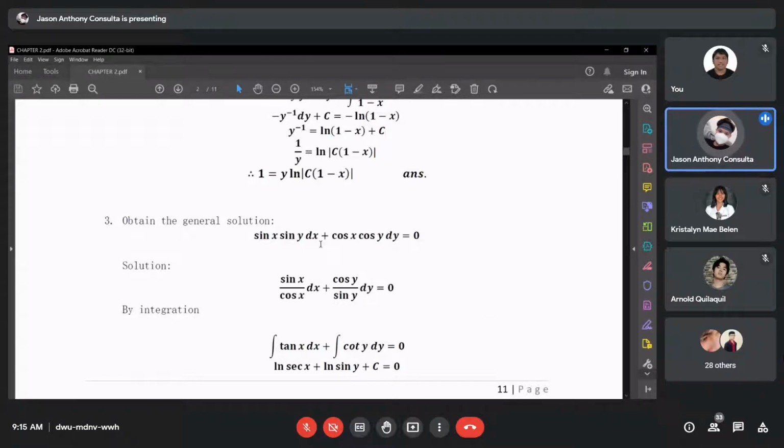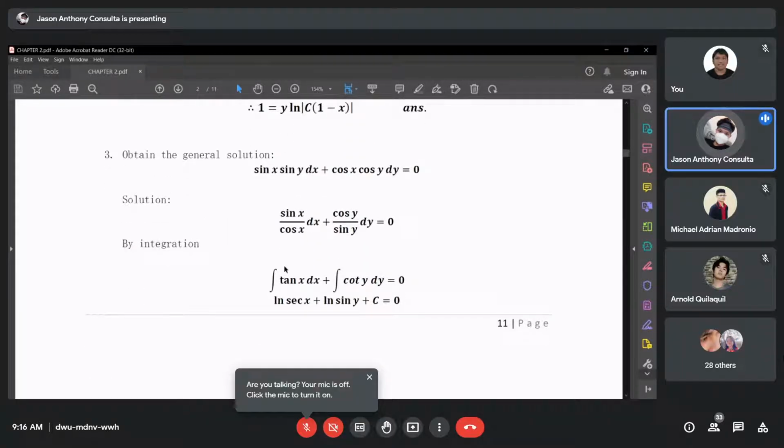So in this case, sine x sine y dx plus cosine x cosine y dy, you see it's very basic. When you put the dx terms together and the dy terms together, you'll find sine x over cosine x dx plus cosine y over sine y dy, which are tangent and cotangent respectively. Tangent x and cotangent y. Okay?